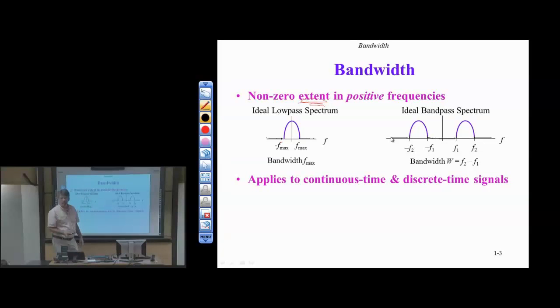We can apply this to both continuous time and discrete time signals. That is to say, to continuous time frequency in hertz, or equivalently radians per second. We can also apply the definition to discrete time signals. And what's the frequency in discrete time? What are the units for that? Do we have any seconds left in discrete time?